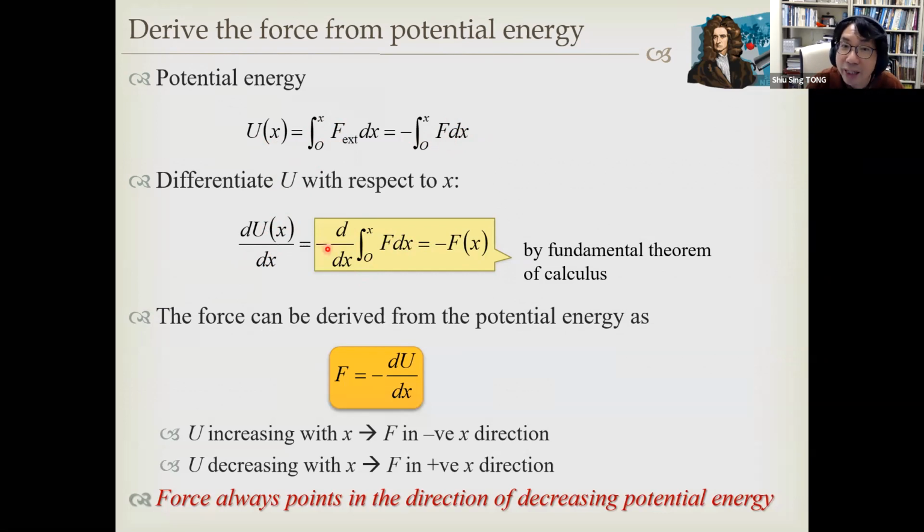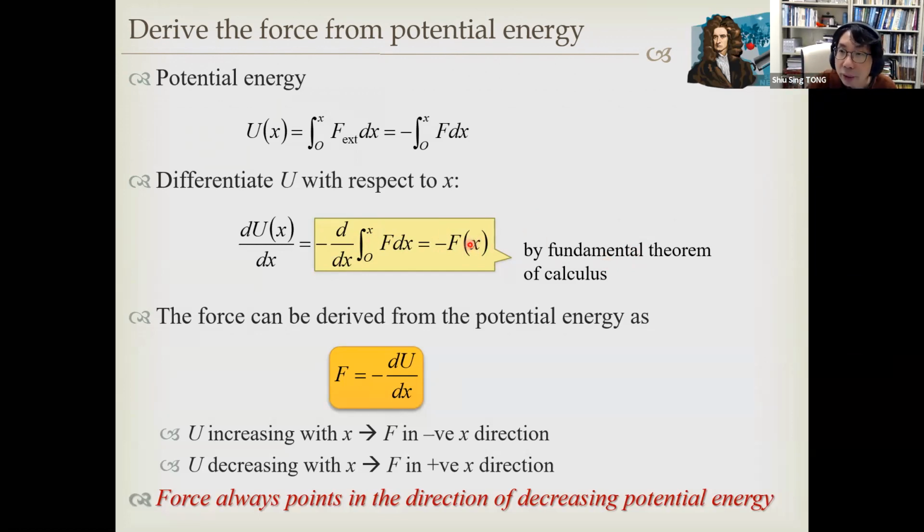Do not forget the minus sign because we now are talking about the conservative force itself. Now the differentiation actually acts on the upper limit. It does not act on the dummy variable inside the integral, but it acts on the upper limit. So differentiation cancels the integration, and the F is evaluated at this upper limit of x. So we got minus F(x). And that is the fundamental theorem of calculus.